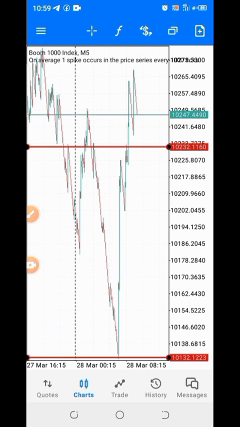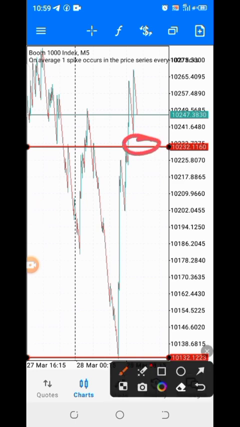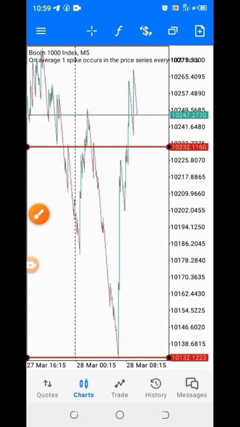And as you can see, when the market got above it, after placing your 100 line here, please add another 50 to this particular 10232. So 50 plus 10232, that would be 10282.